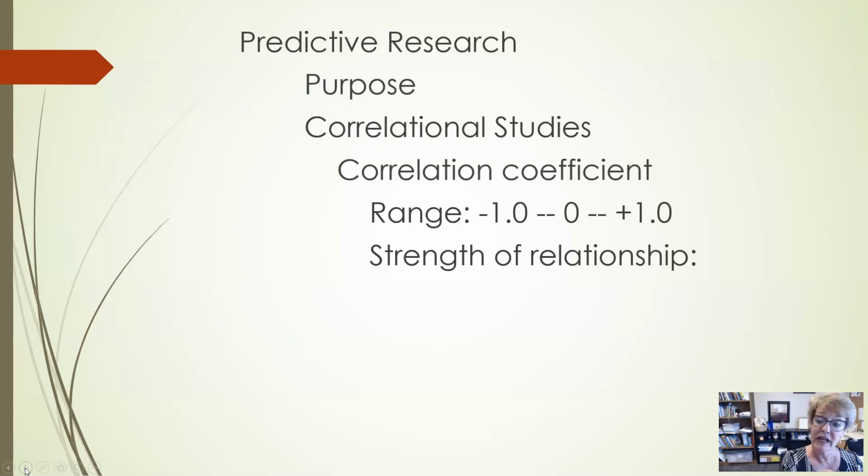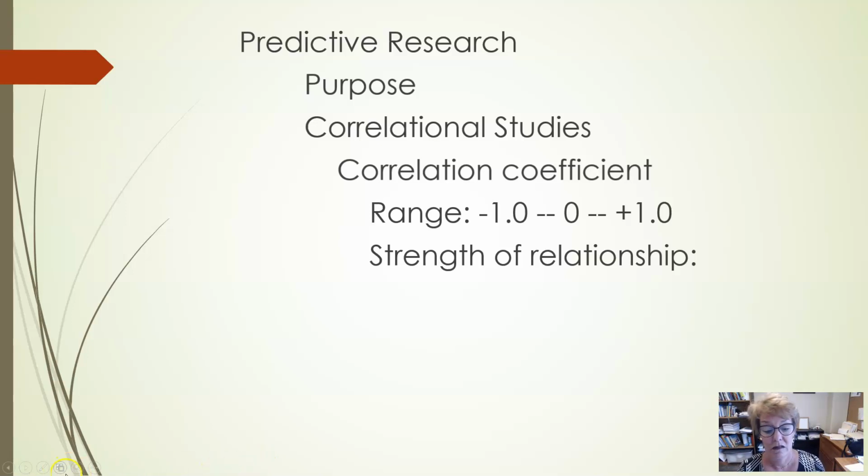As it moves away from 0 in either direction, either up or down, it's getting stronger. 0 is nothing. Everything that moves away from it is stronger, and it can only go, of course, to -1 and +1. You can't move beyond that.